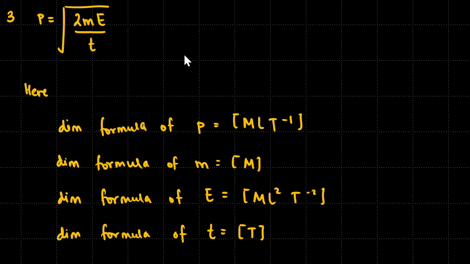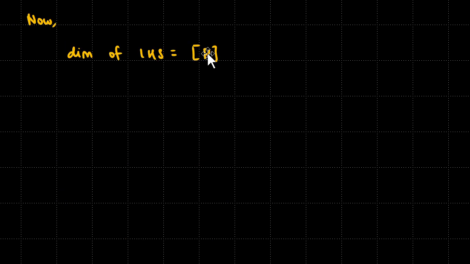So now, dimension of LHS will be this, since LHS only has linear momentum P. So this will equal mLT minus 1.